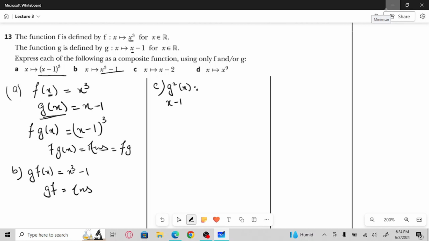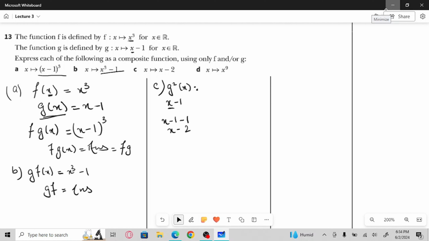And if we input the value of x to be x minus 1 again, because we are inputting the function g into the function g, so x minus 1, and again, instead of x, we are going to write x minus 1, and again minus 1. So now it will become x minus 2.